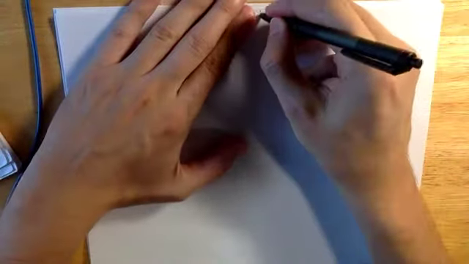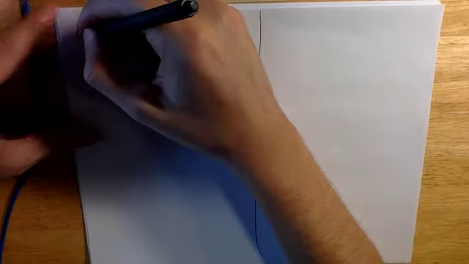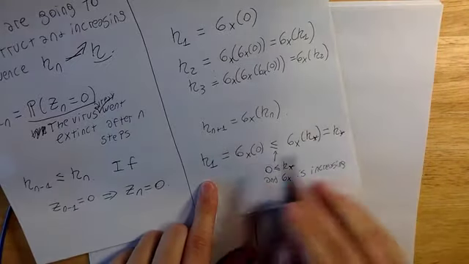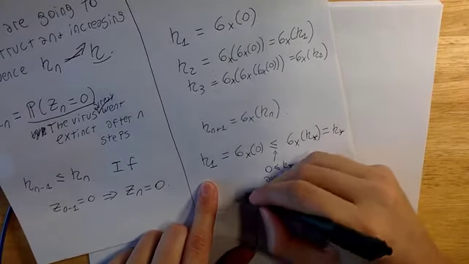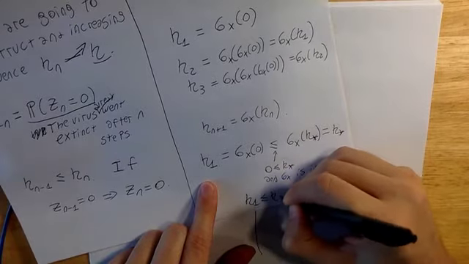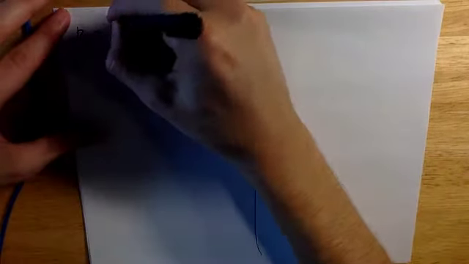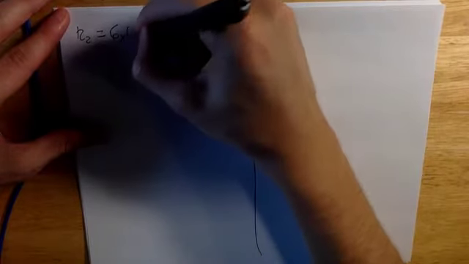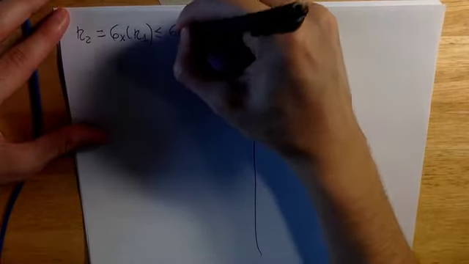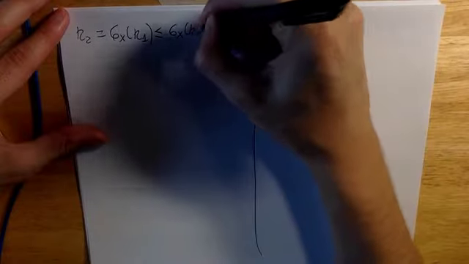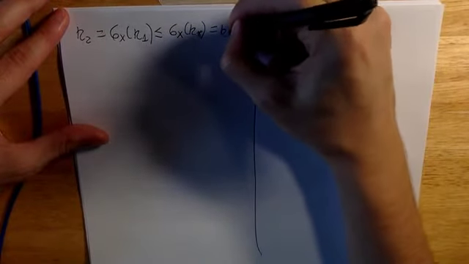Okay, but now we can keep going with the same argument, and we realize that from here we can say that η₁ is less or equal than η*. Now g(η₂) is equal to g_X(η₁), which is less or equal than g_X(η*), which is equal to η*.